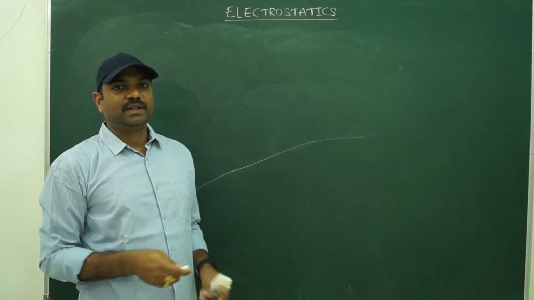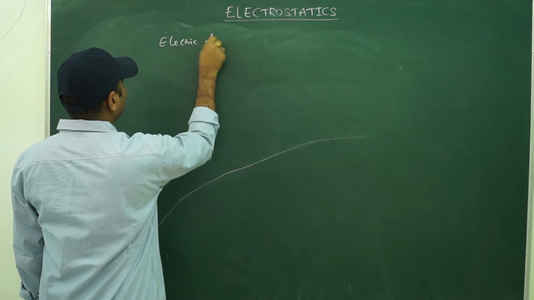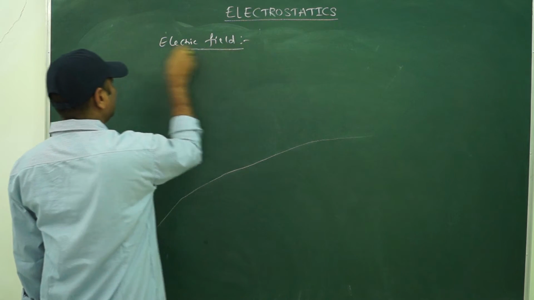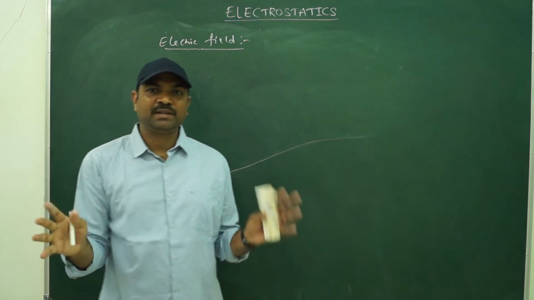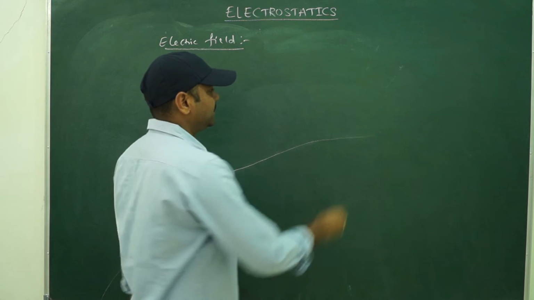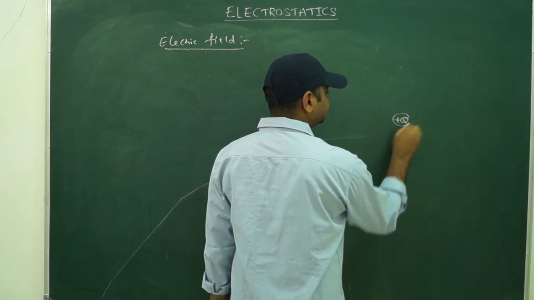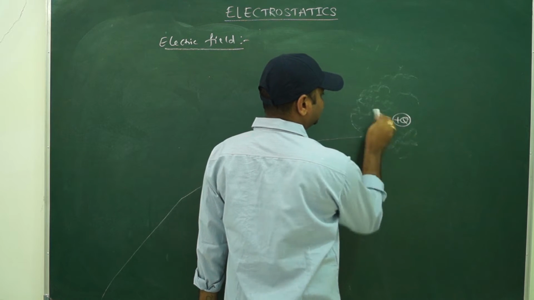So let us start with electric field first. What is the electric field definition? It is something like a place around the charge in which it can attract other charges. If I take one charge plus q at a fixed point, there will be some space around it.